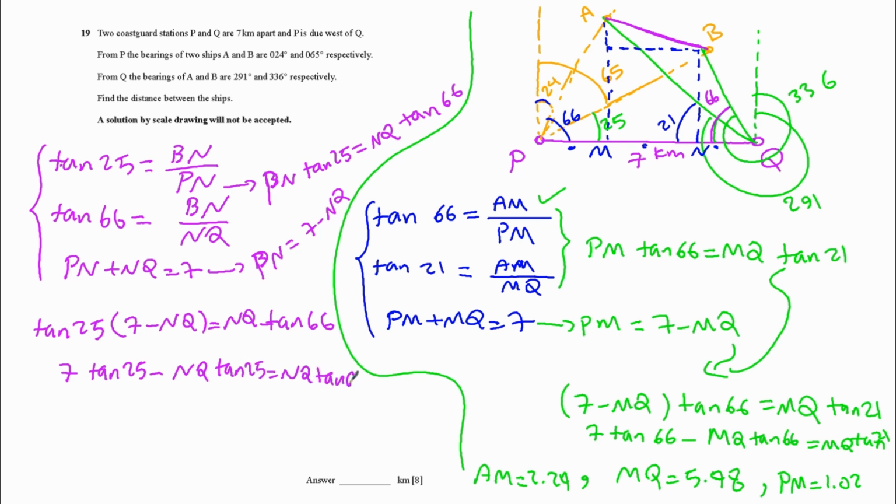So if I do that now on the calculator, I'm going to write it in here. 7 times tan of 25 divided by bracket tan of 25 plus tan of 66.